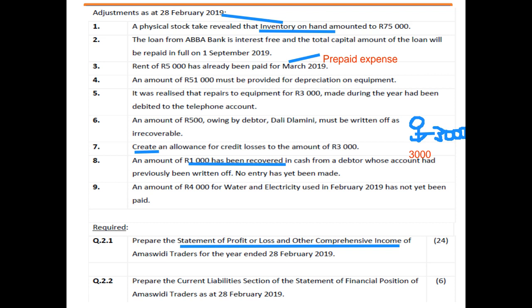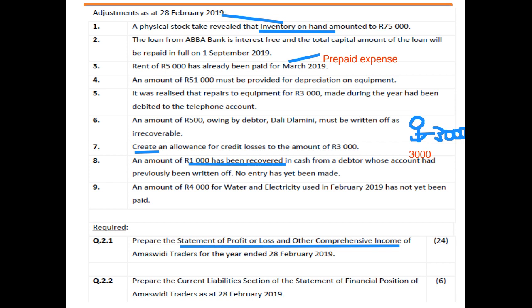Read carefully, you'll see. I can only see the water and electricity.